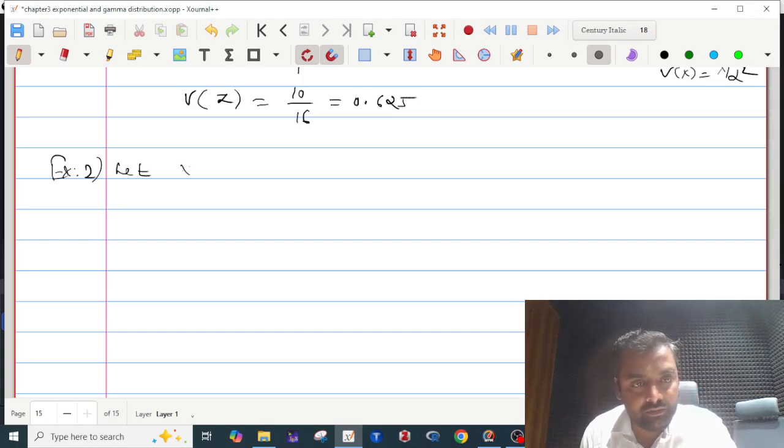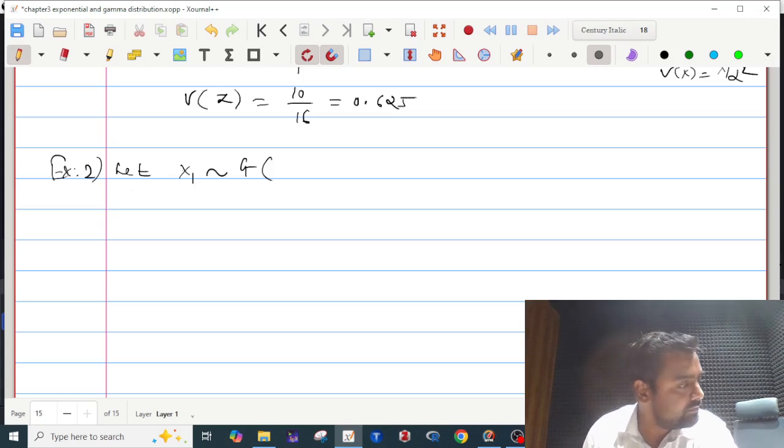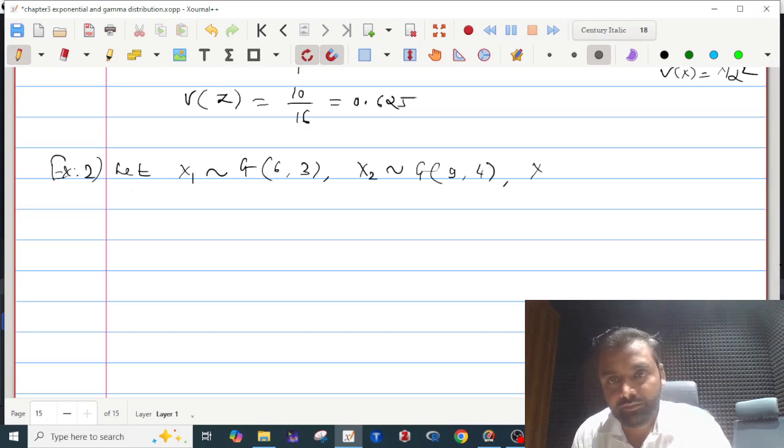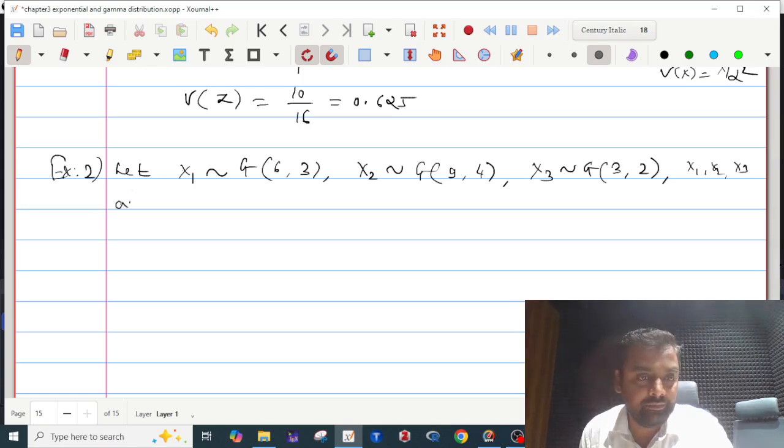Let x1 follow gamma 6 comma 3, x2 follow gamma 9 comma 4, x3 follow gamma 3 comma 2. All are independent.